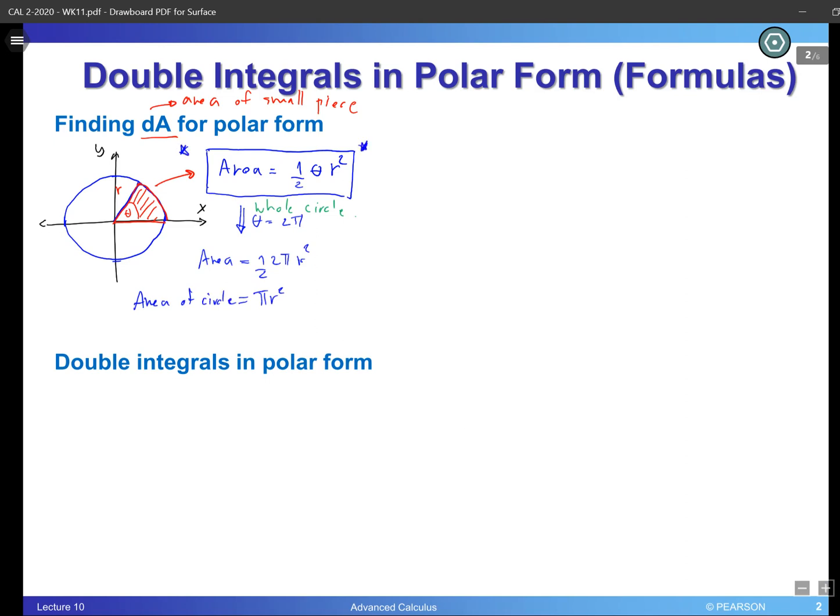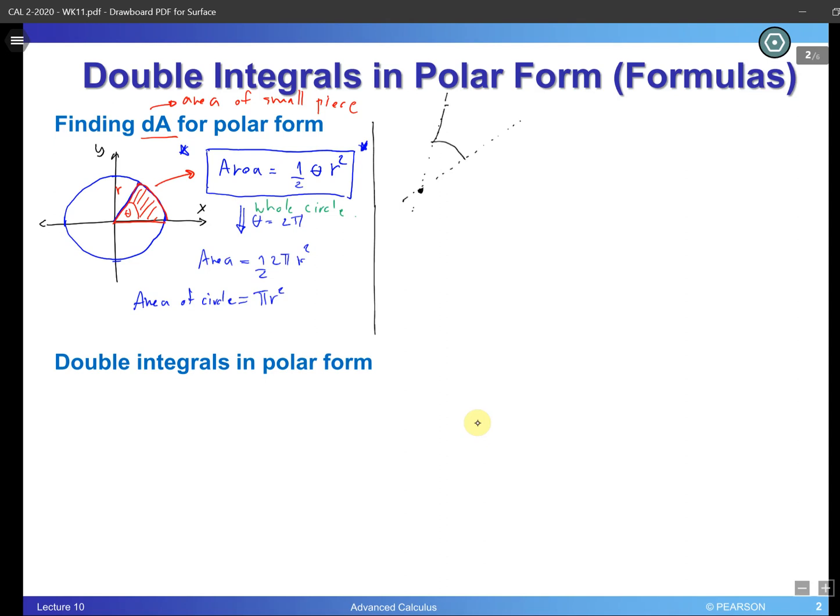Now we are going to make use of this formula to find the dA, the area of the small piece. So let's take a look right here. Once again, we have this small piece, and it should look something like this. Let's magnify it, the small piece. Okay, something like this. This is the reference point, and I'm going to build this one.